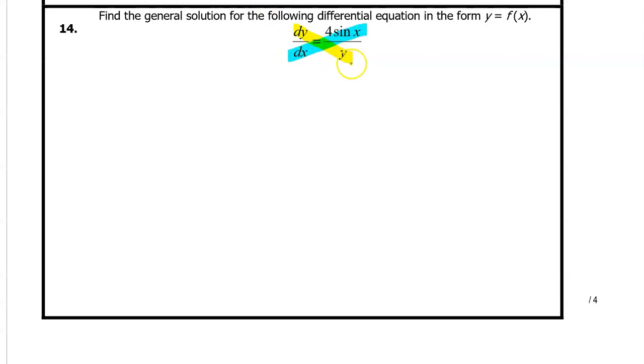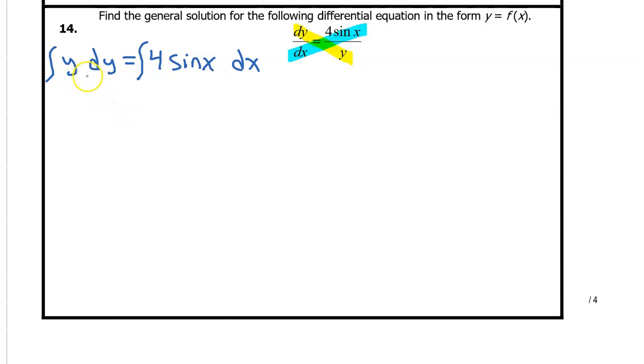So if I do that, on the left hand side I'm going to have y dy, and on the right hand side I will have 4 sine x dx. Well, that's it. We already have the y's on the left and the x's on the right. So we can go ahead and integrate both sides of the equation right now.